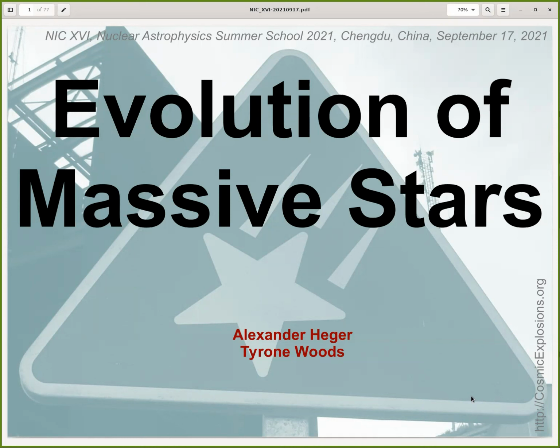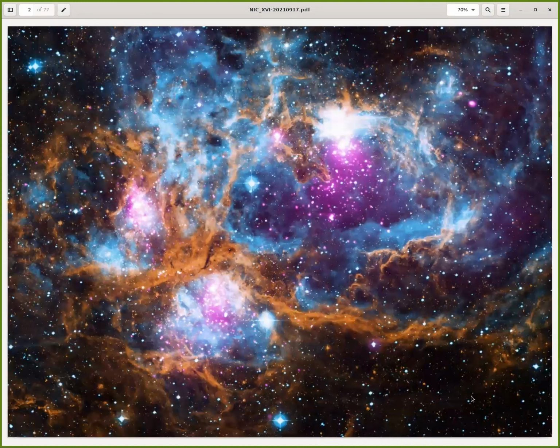So to get an idea about what we are actually talking about, let's start at the very beginning of the story. So this is an environment, a planetary nebula, where we think stars form, a stellar nursery, and this is also where massive stars form. And you can see some hotter bluish gas, maybe even some violet colors in that region up here.